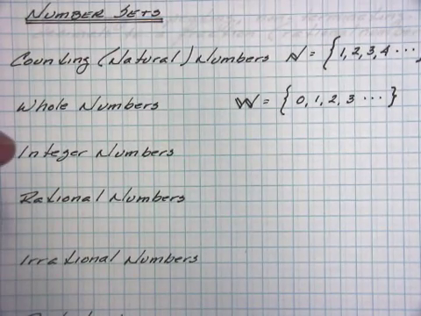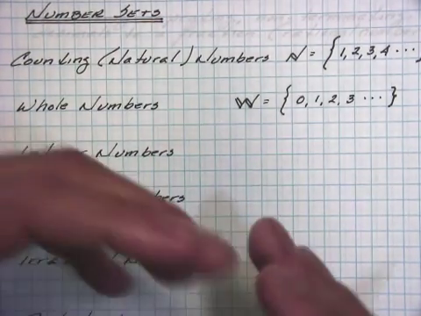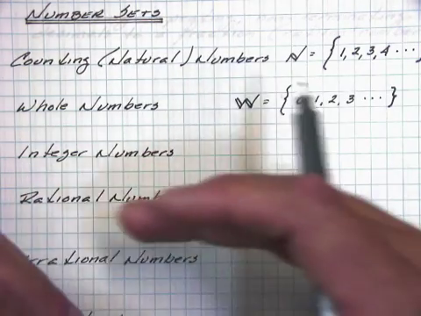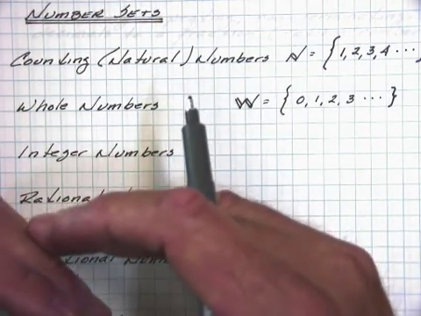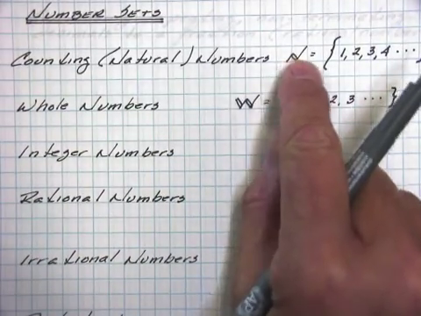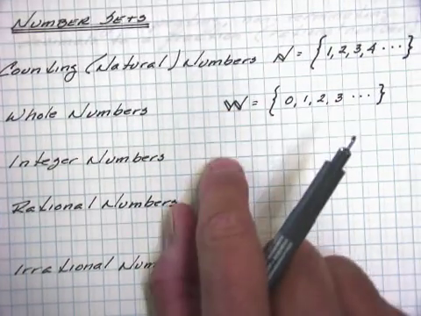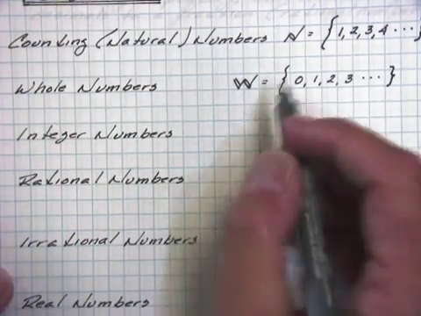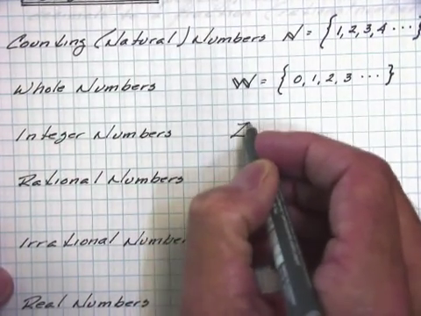Now, think about a standard number line. Okay, a number line also goes to the left. It goes into the negative numbers. Well, if we add in those negative numbers, then we've got integer numbers. Now, if natural is N, whole numbers are W, you would think integers are I. Not the case. Don't ask me why.